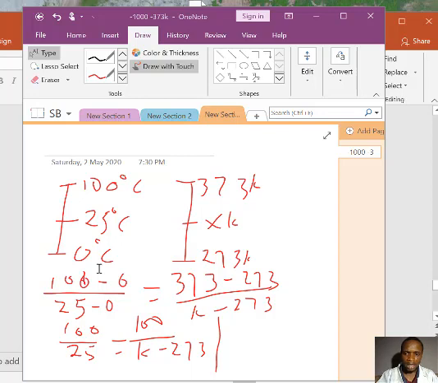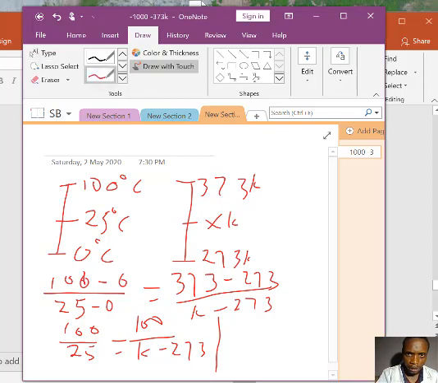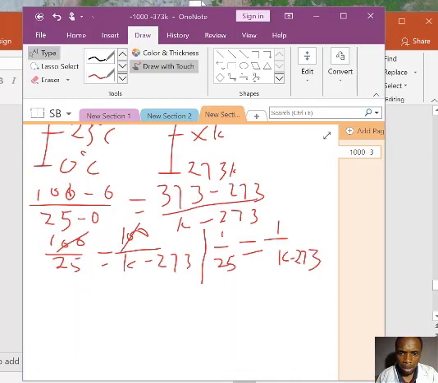Then 373 minus 273 will also give us 100. This 100 can cancel 100, and you can have 1 over 25 equals to 1 over K minus 273.